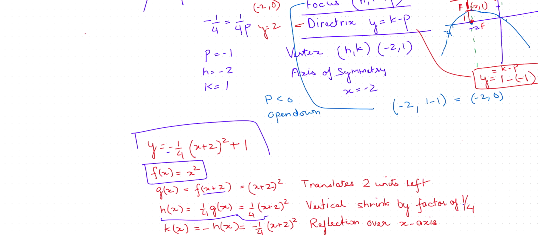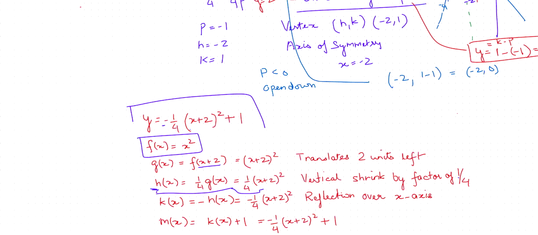We got the function h(x) here when we multiplied g(x) by 1/4. Now next is this negative sign. It means a reflection over the x-axis. So k(x) is negative h(x), we multiplied this h(x) by negative. So negative 1/4 (x plus 2) squared, reflection over the x-axis.